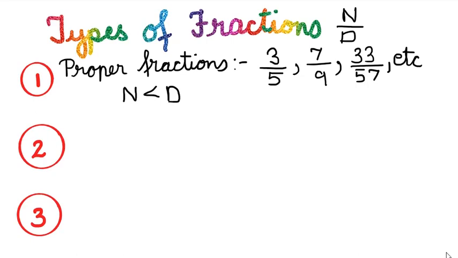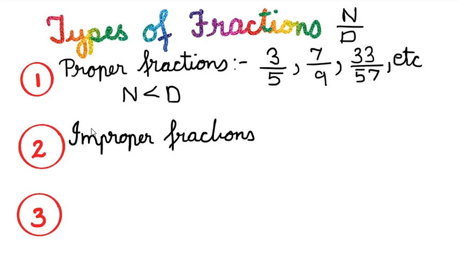Now the second type of fraction what we are going to study, that is improper fractions. What is the other type? Improper fractions. Okay. So what are these fractions? See, for example, if I will take 8 upon 3. Here, numerator is greater than denominator. Okay.